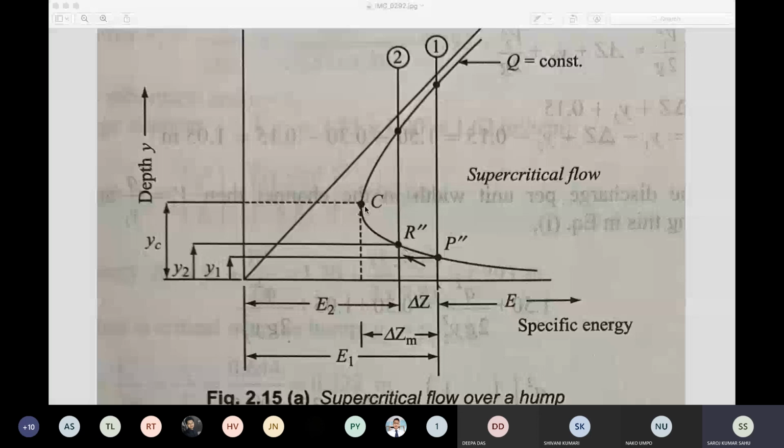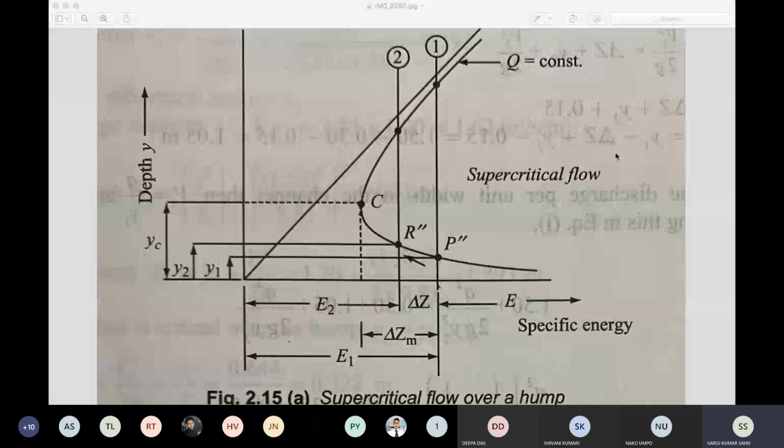Then with further increase, delta Z greater than delta Zm, your E2 will be maintained at EC, and E1 will be E1 dash, which will be increasing, meaning the vertical will move towards the right.